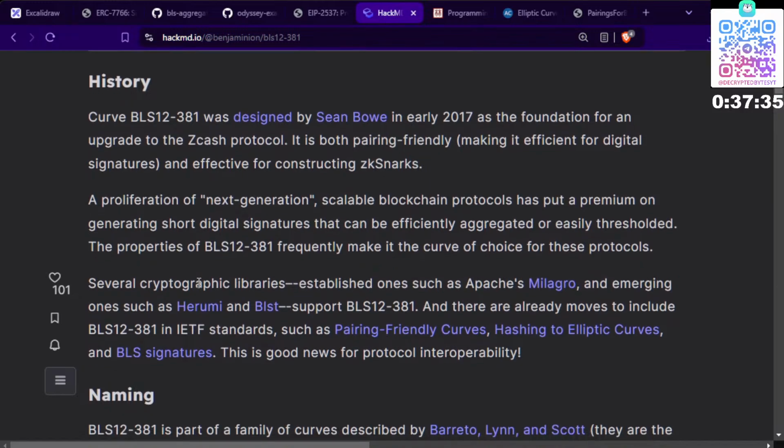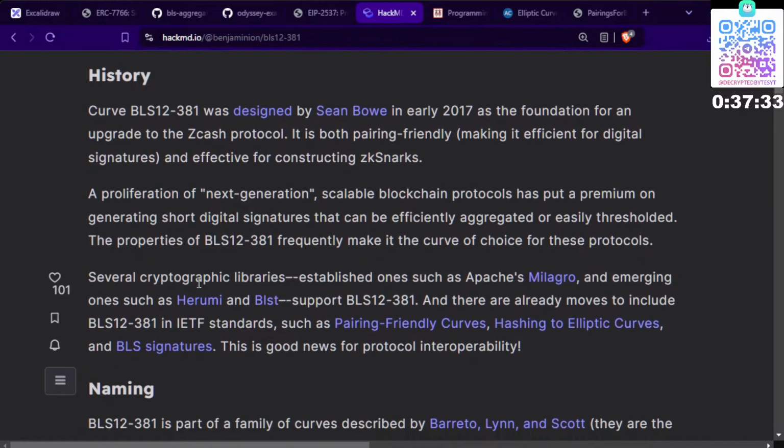Okay, history. Curve BLS 12381 was designed by Sean Bowe in early 2017 as the foundation for an upgrade to the Zcash protocol. It is pairing friendly, making it efficient for digital signatures and effective for constructing zk-SNARKs.